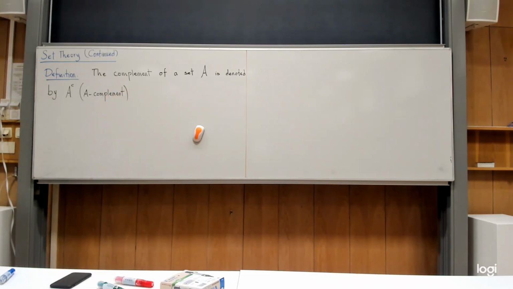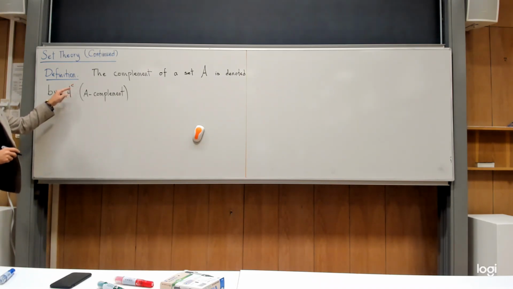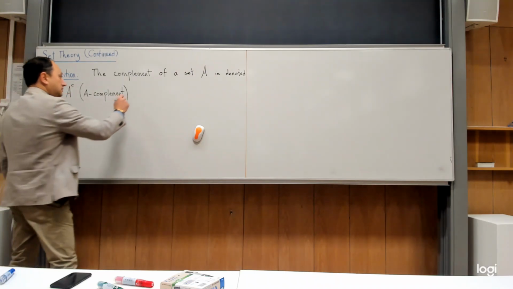The complement of a set A is denoted by this symbol. Of course, in some other books I have seen they use A prime, but that is not universally adopted, so let us just use this symbol. So it's denoted by A complement, and it is defined as follows.